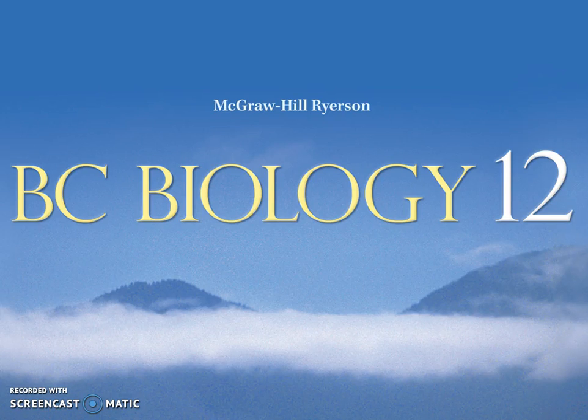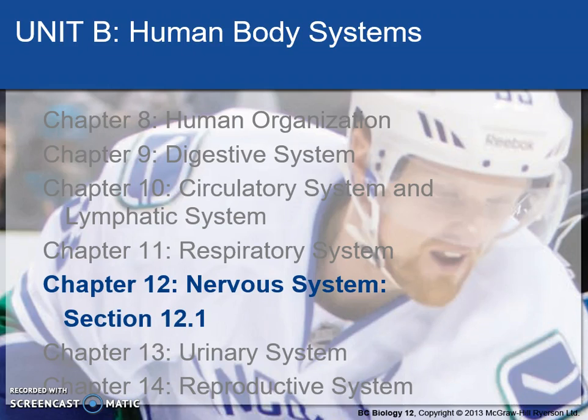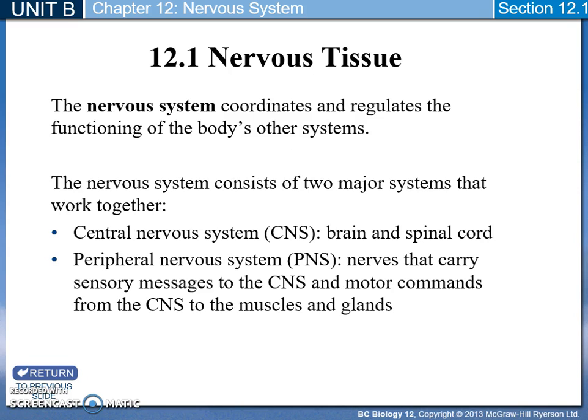In this video, we're going to cover section 12.1, which is on the nervous system, and more specifically, it'll be a very brief overview of nervous tissue. The nervous system coordinates and regulates the functioning of the body's other systems. It consists of two major systems that work together.